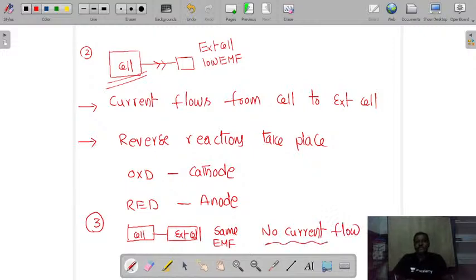No reactions take place at the anode and cathode. Then it is called a reversible galvanic cell. So to act as a reversible cell, it must satisfy these three conditions.